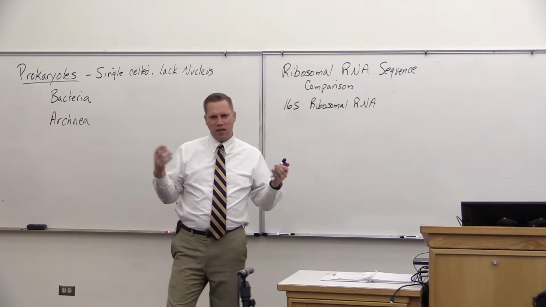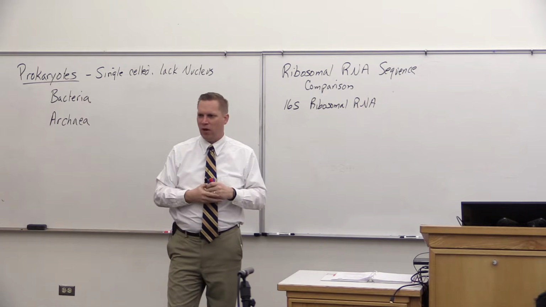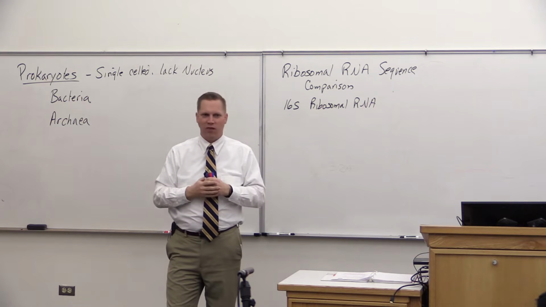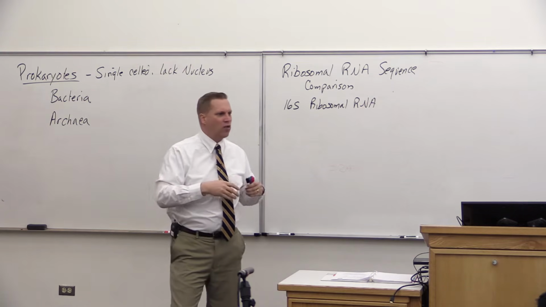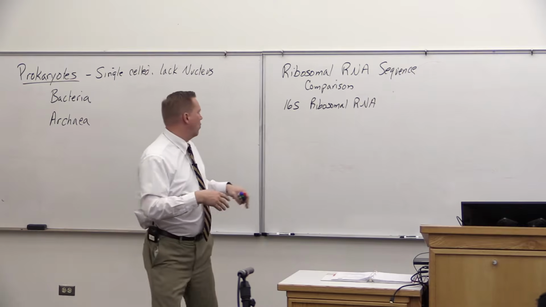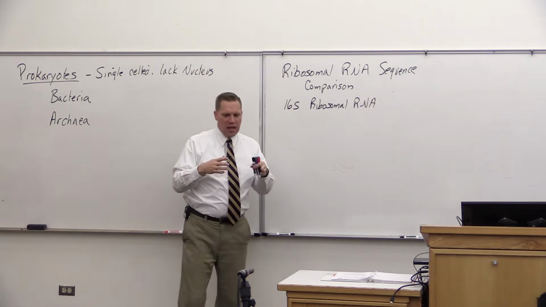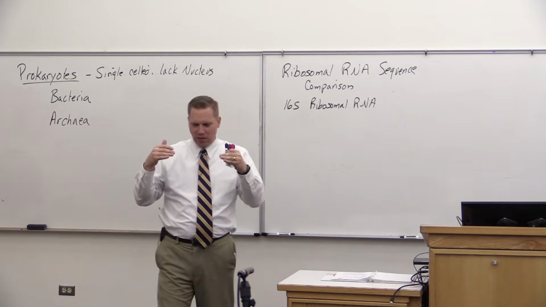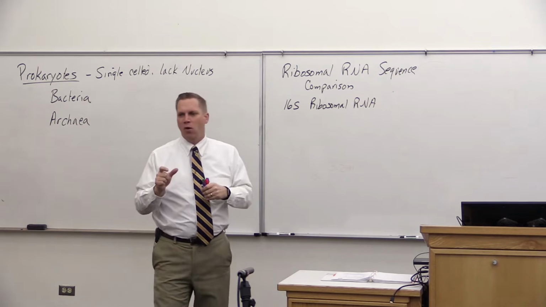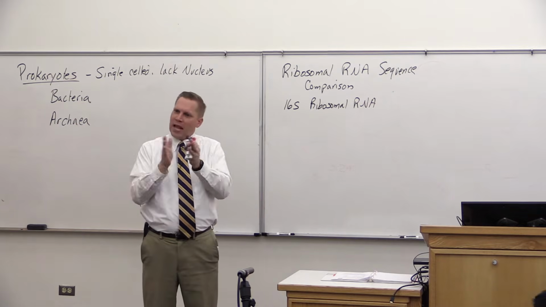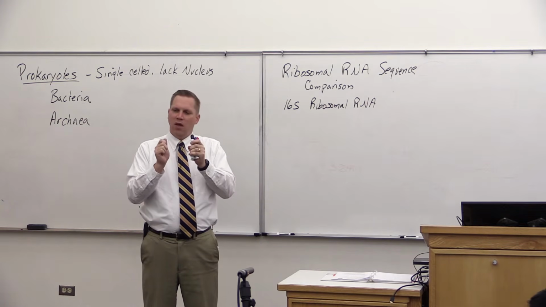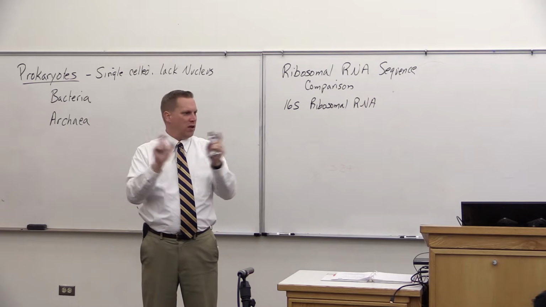And actually the comparison of ribosomal RNA is one of the methods that scientists use to distinguish between different species. Almost all organisms have ribosomal RNA, and because it's hypothesized that we descend from a common ancestor, what we find is that the more related two species are, the more they have in common on those sequences.